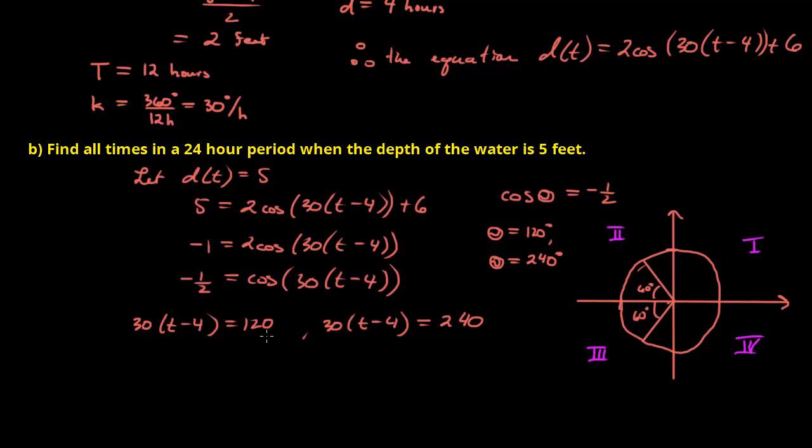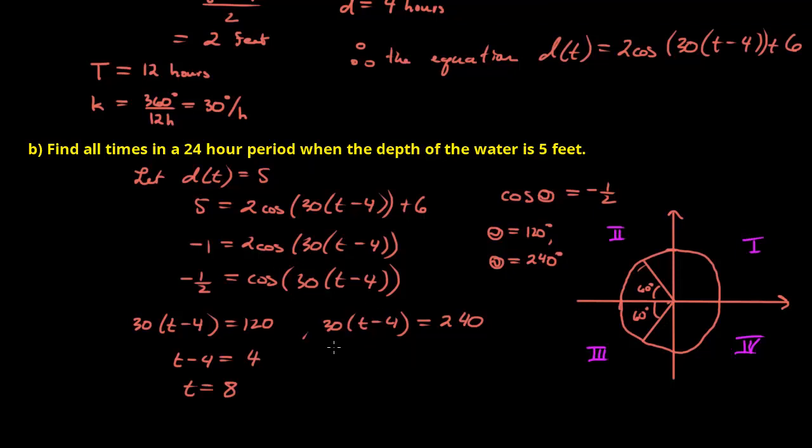And this is over a single cycle. So if we solve this equation, we can divide both sides by 30. We have t minus 4 is equal to 120 divided by 30, which is just 4. So we get that t is equal to 8 a.m.